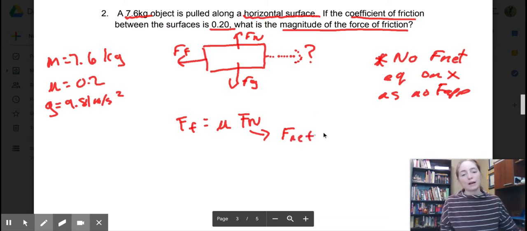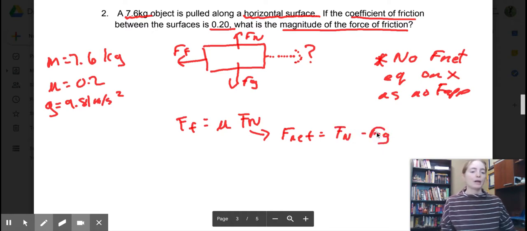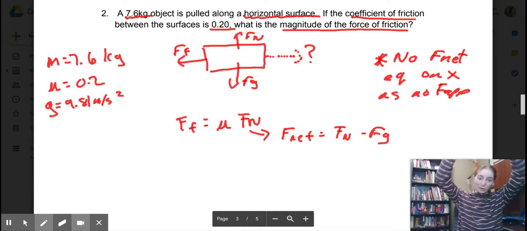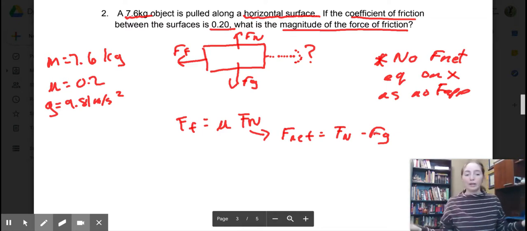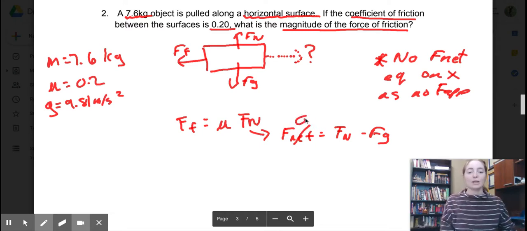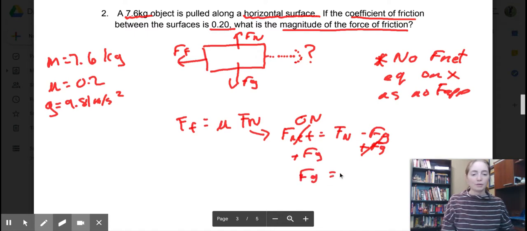So we can make an F net equation on the y. My F net is going to equal my Fn minus my Fg. Because this object is not accelerating up through the air nor sinking through the ground, our forces on the y are going to cancel out. So my F net on the y is going to be 0 newtons. I'm going to add my Fg over here. And my Fg is going to equal mg.